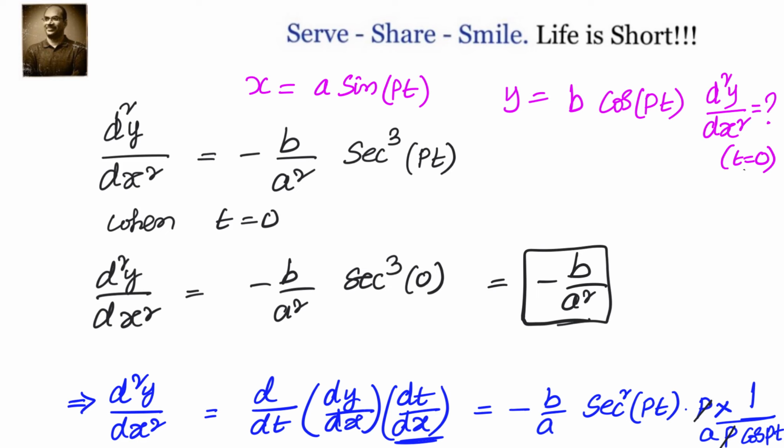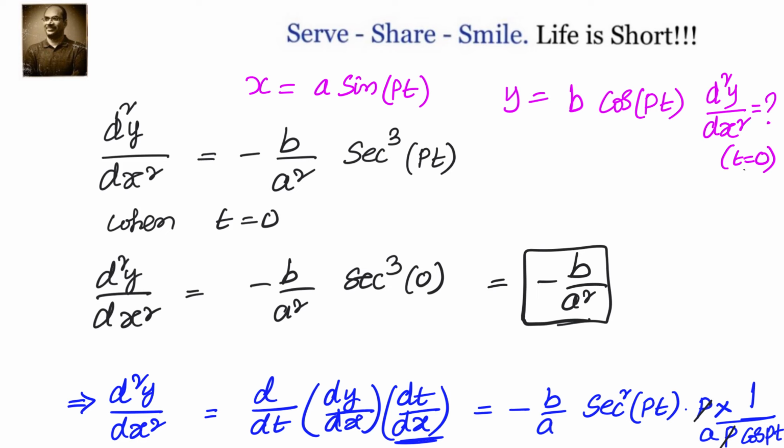So when you do d square y by dx square, you have to remember that it is d by dx of dy by dx, but dy by dx is now in terms of the parameter t or theta. So you have to differentiate again with respect to that only. So you have to write down d by dt of dy by dx and multiply that with dt by dx.